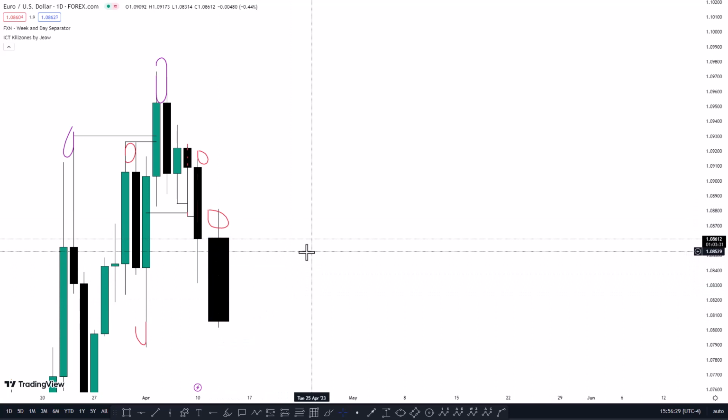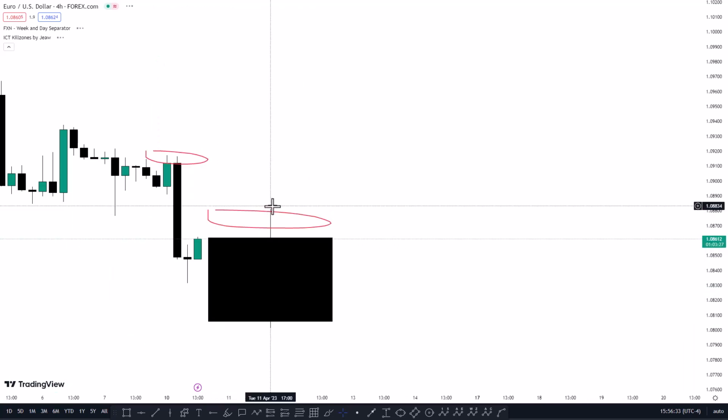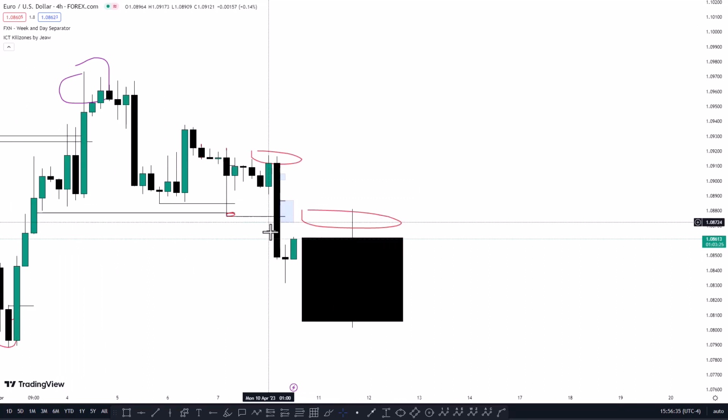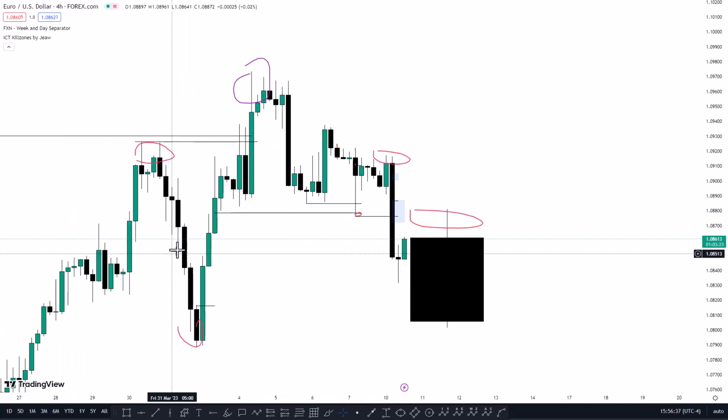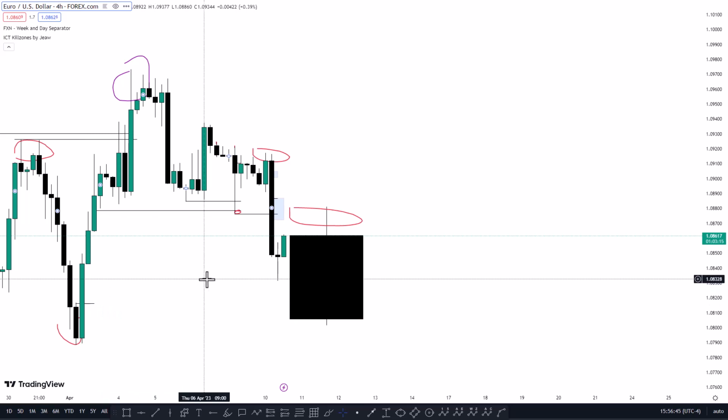So that is what we are doing here. We are trying to identify possible ways a candlestick can do it. This candlestick can create a move. Hope you understand why we are doing this.